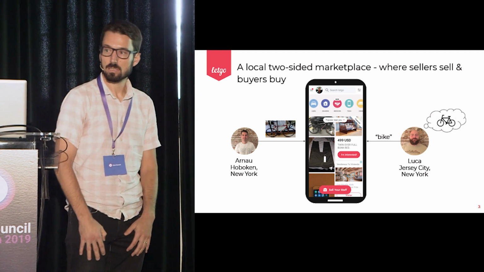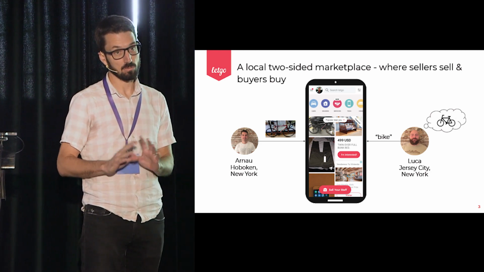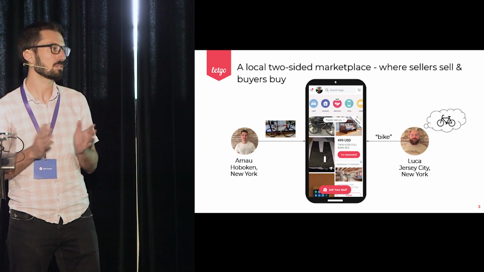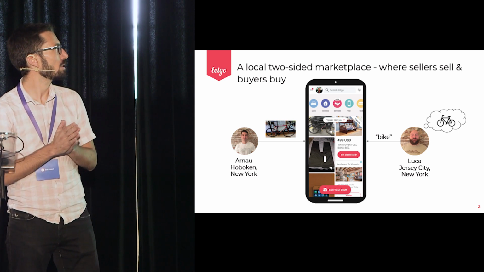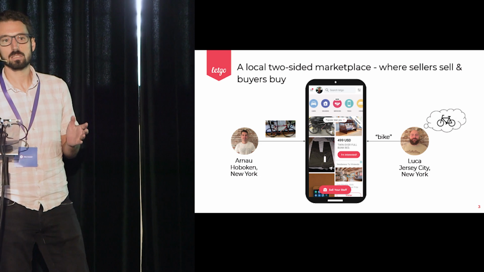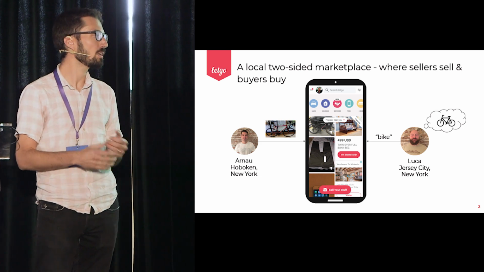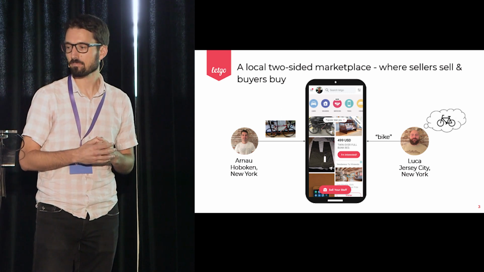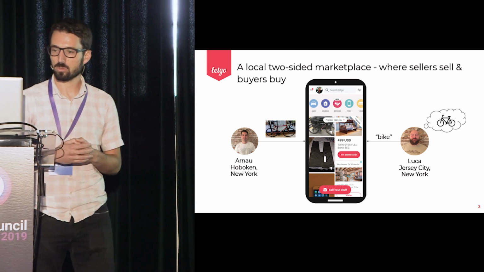So Letgo is, as Santi mentioned, quite a big local two-sided marketplace to exchange used goods, where sellers sell and buyers buy. We're very big in the US and Turkey, but most of our engineering team is here in Barcelona, Spain. So the problem we try to solve is the following.